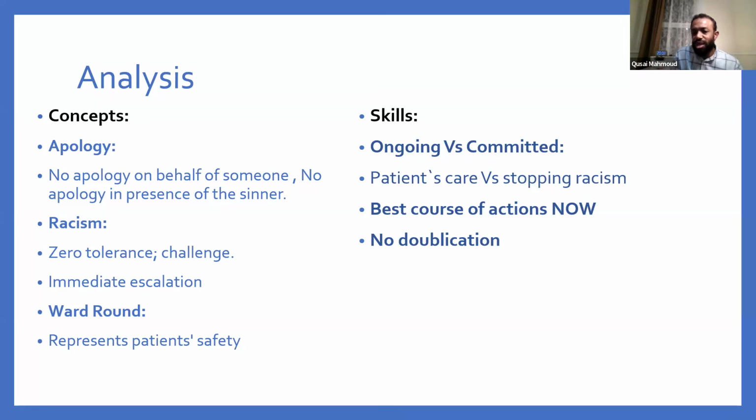You will face questions like this, telling you overheard your colleague or the nurse is talking back to the patient. She is talking, talking. You need to stop that. If she already talked, no, you can address that privately. And we got that. I don't want to repeat myself. So we acquire the skill, ongoing versus committed, something already done.